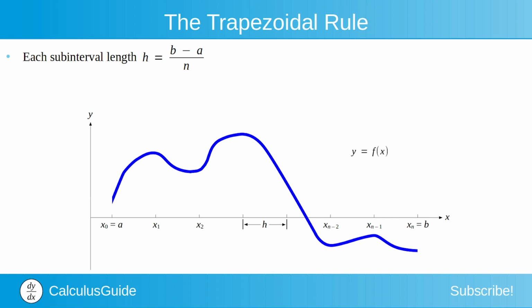Each subinterval length h is equal to b minus a divided by n.